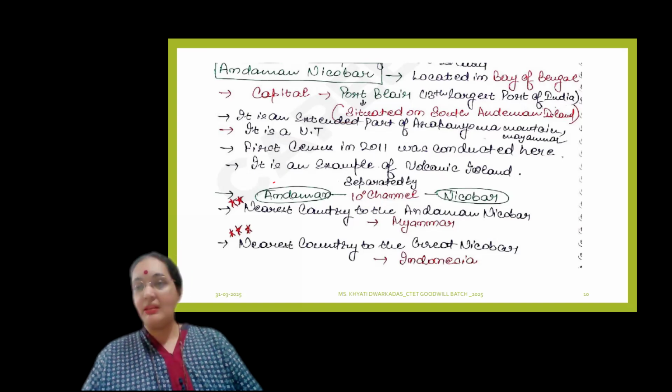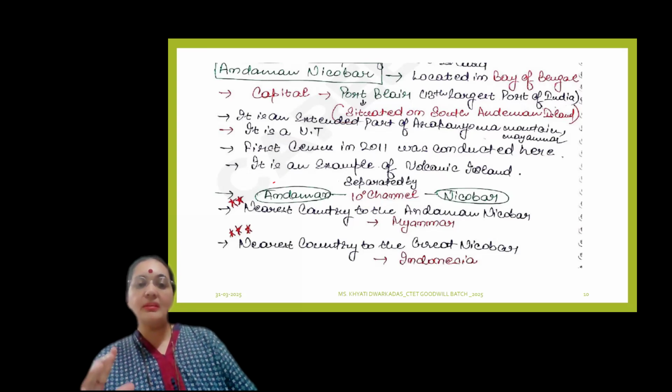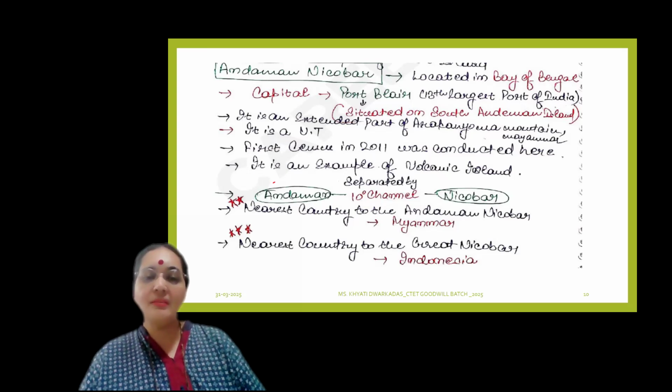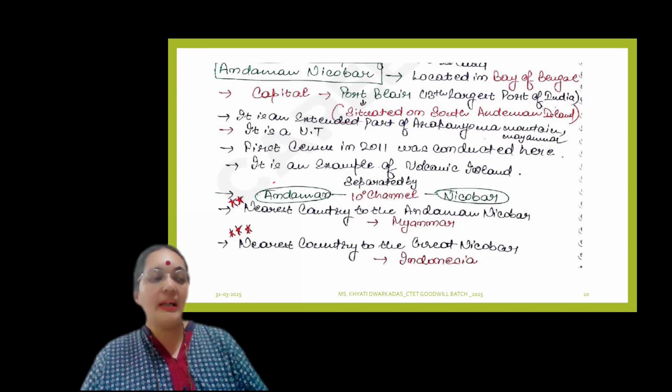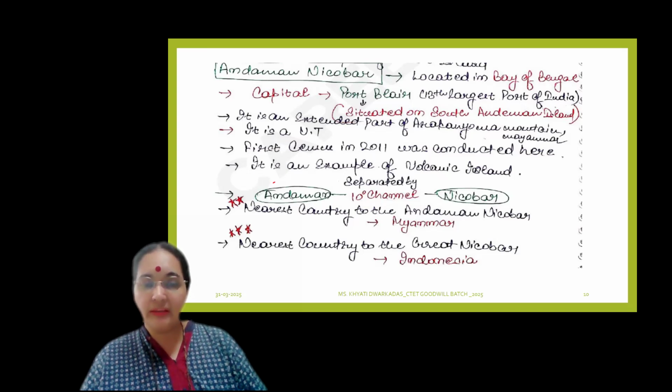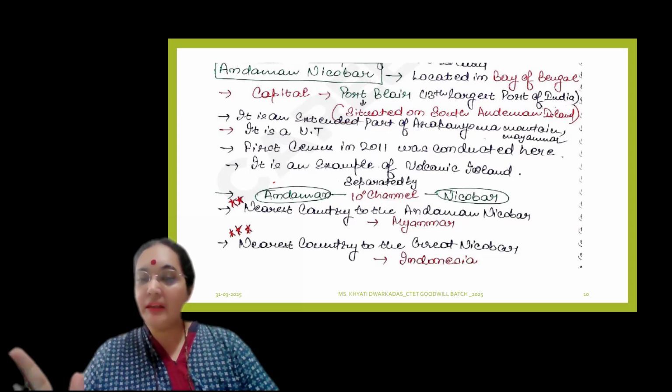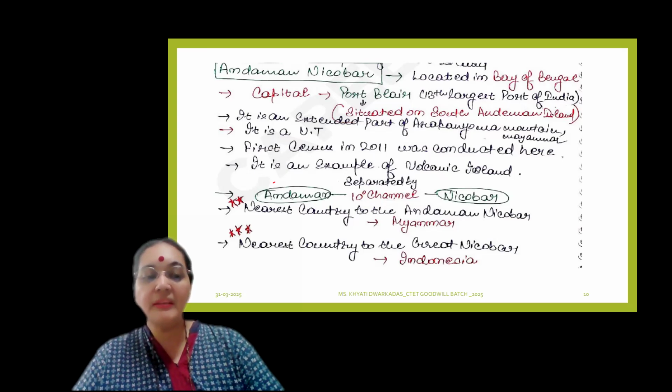For the first time, a census was conducted in the Andaman Islands, and that was as late as 2011. And the Andaman Island is formed through a volcanic eruption. So it is a very good example of a volcanic island. The Andaman and Nicobar Islands are separated by the 10-degree channel.